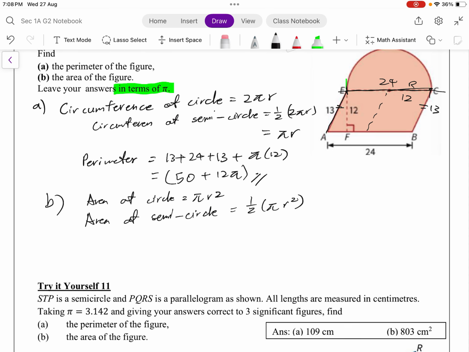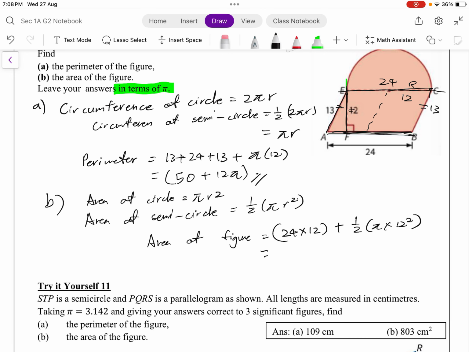To find area of figure, the area of parallelogram is this length 24 times the perpendicular height, so 24 times 12, plus half times pi times 12 square.